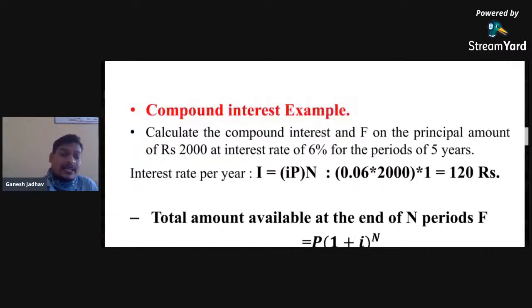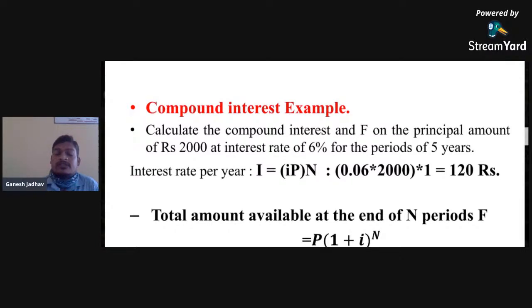Whatever we calculated earlier was in the form of simple interest. Okay, but in compound interest, the interest as per year is 120 rupees.